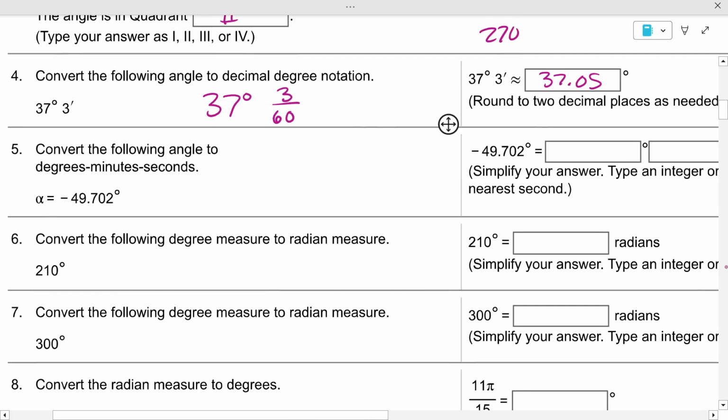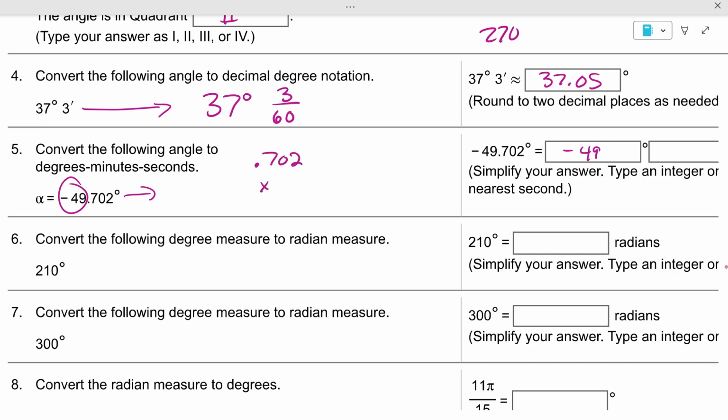Converting to degrees, minutes, seconds. Now, this is from minutes to degrees. Now we're going from degrees to minutes, opposite. So if we divide by 60 here, we're going to multiply by 60 here. So you start out with your negative 49, that goes here. Then you take 0.702 times 60, and you get 42.12.